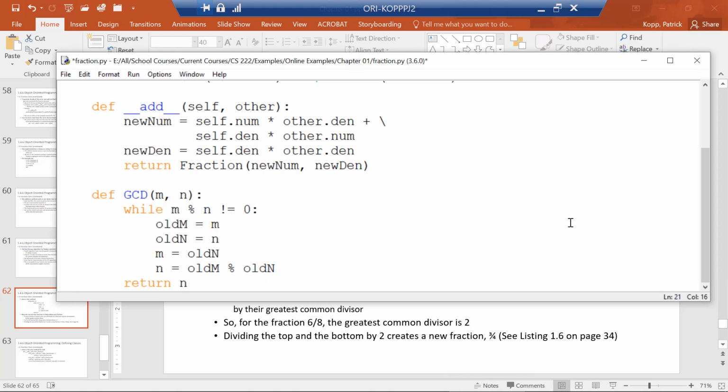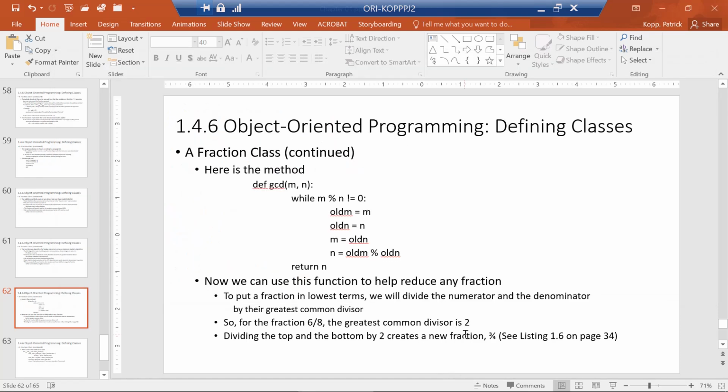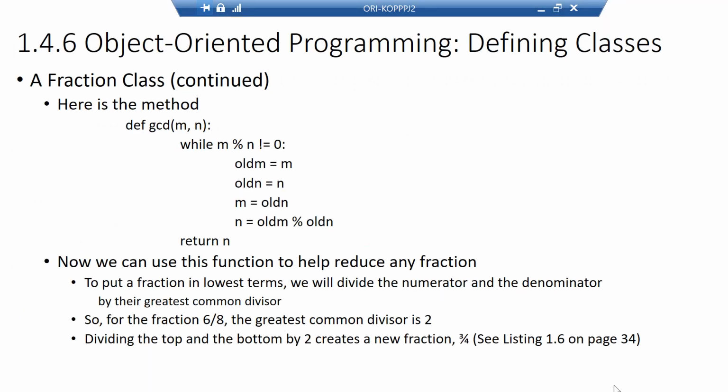So now, in our add method, we need to add a couple of lines in here. Yeah, let's do this here first. So now we can use this function to help reduce any fraction.